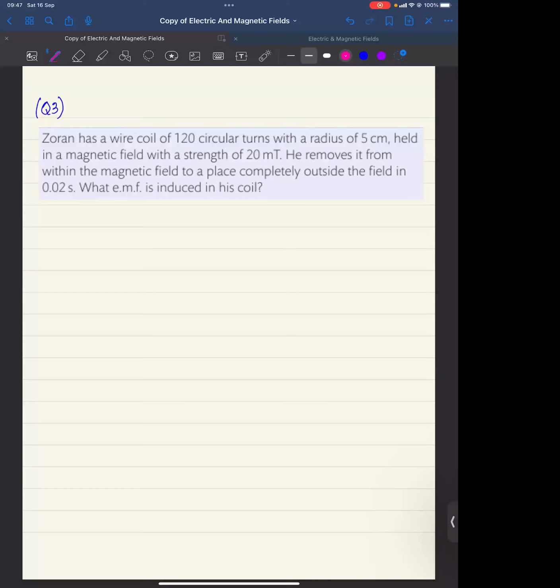What is the EMF induced in the coil? Can you give it a try?